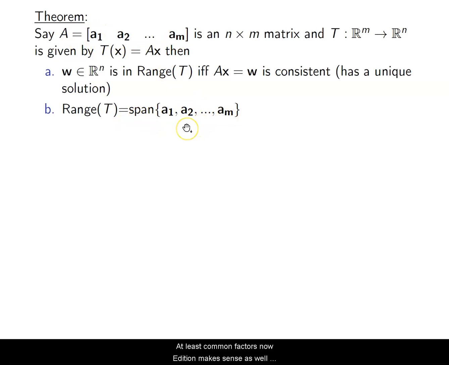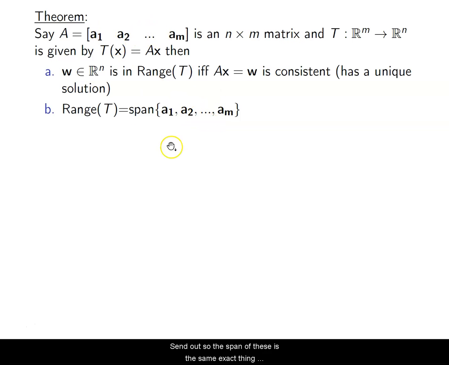Now this should make sense as well. Whatever vectors I can make by combining these vectors together in some way, all those combinations are all the possibilities of things that can end up in my range. So my range is the same thing as all of the things that get plugged into my transformation and get sent out.